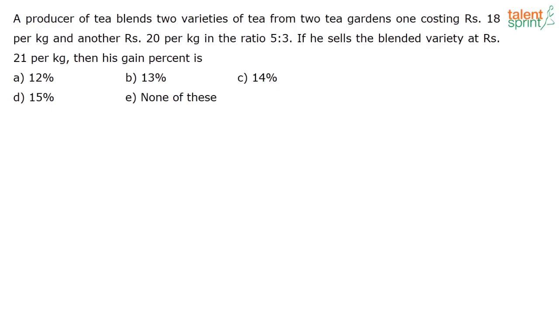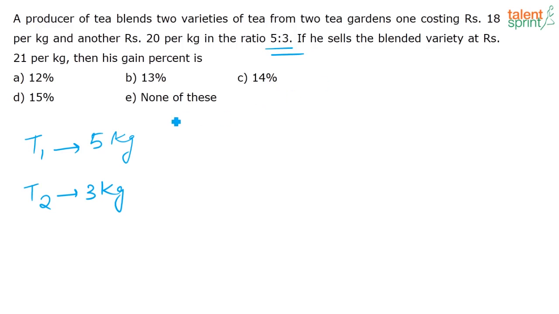So see what is given here. There are two types of tea, okay. They are mixed in the ratio 5:3. So let us take the easiest numbers that we can. Let us assume that we have 5 kg of T1 and 3 kg of T2. Why am I choosing 5 and 3? Because they are the easiest numbers to take, to be in the ratio 5:3, and we will be able to calculate.